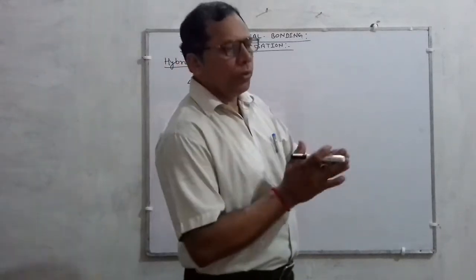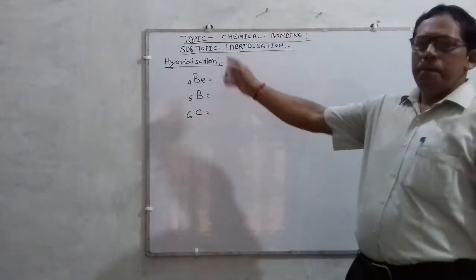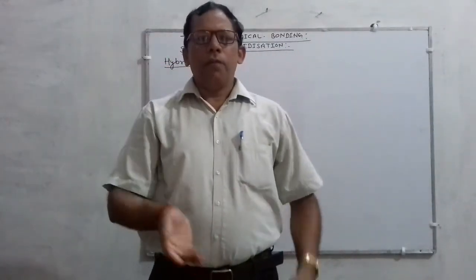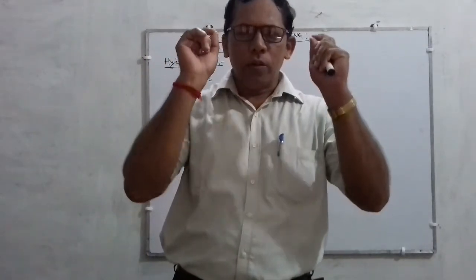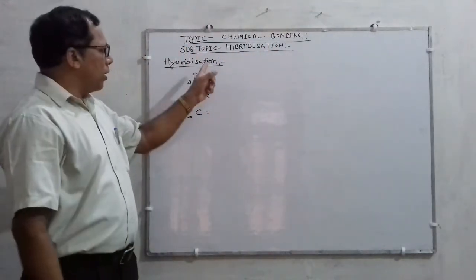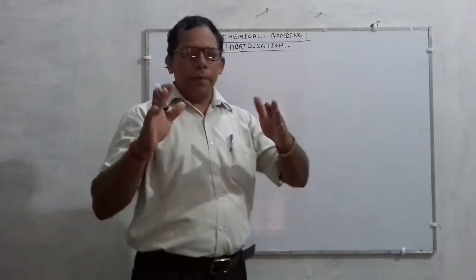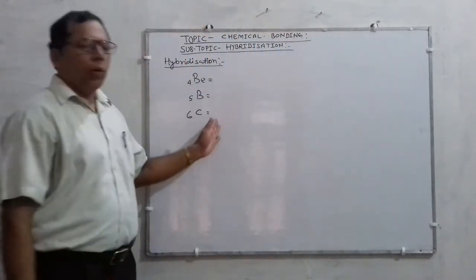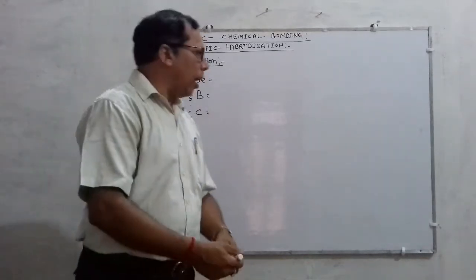Hybridization theory is a theoretical concept introduced for the explanation of the structure and geometry of a compound, or the geometry of a covalent molecule. First, let us understand the meaning of expected valency and observed valency. Then we will go ahead to hybrid orbitals and hybridization.